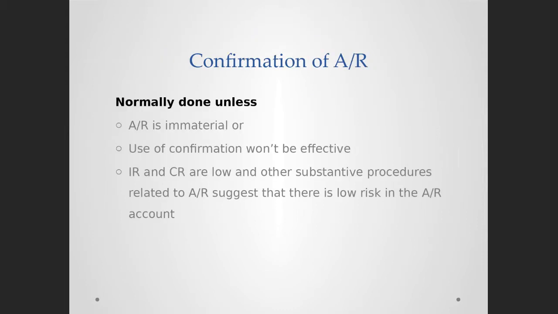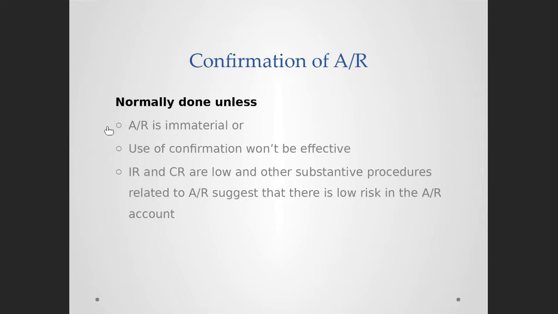Okay, now let's jump into the accounts receivable confirmation. Accounts receivable confirmation is done by sending letters to the client's customers, and you wait for them to respond to see whether the balance is accurate or not. So this is done almost all the time with very few exceptions. What are the exceptions? The exception is if the accounts receivable is immaterial.